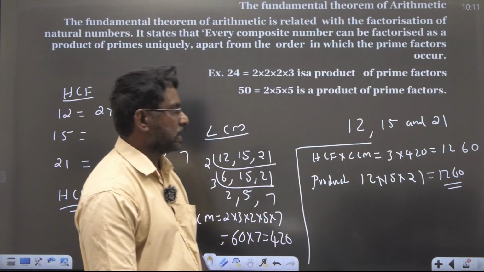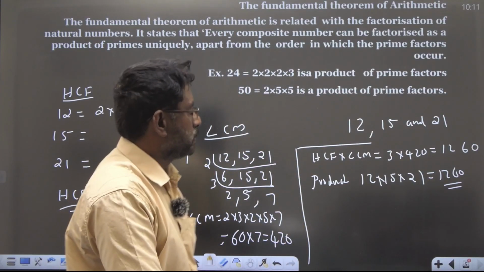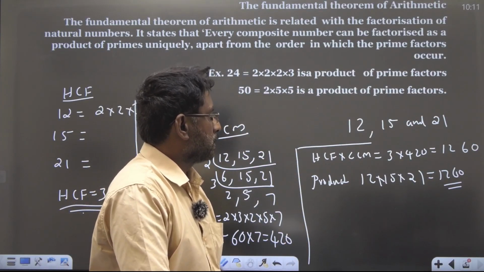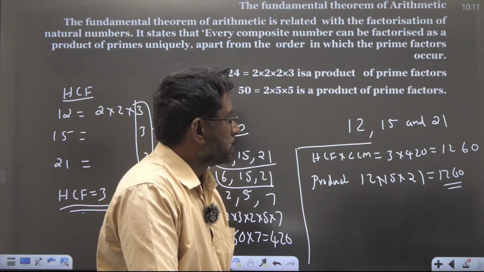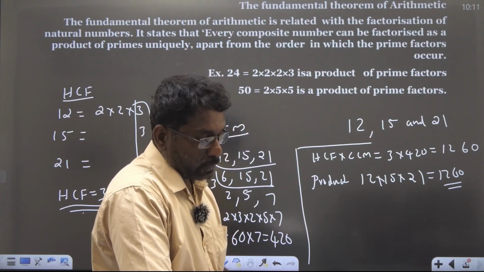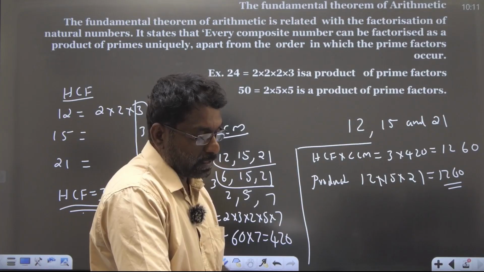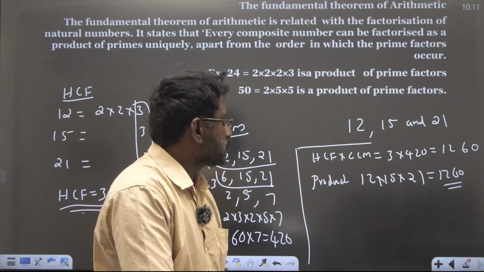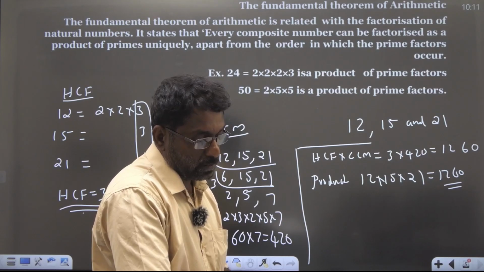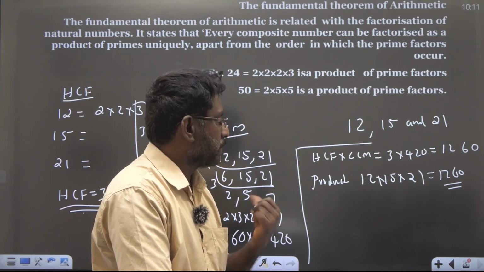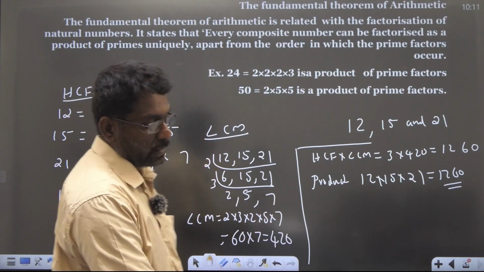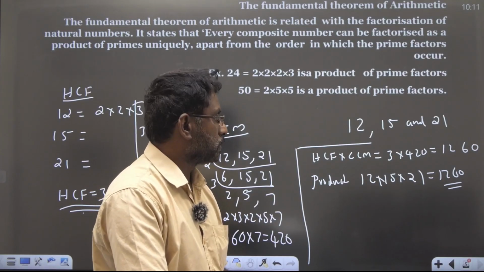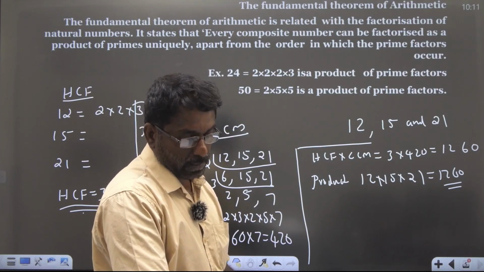In this question, there is no need to test whether it is equal or not. In the NCERT book, the question is only to find the LCM and HCF of the integers 12, 15 and 21. It was also a CBSE previous year question, 2020. Okay.